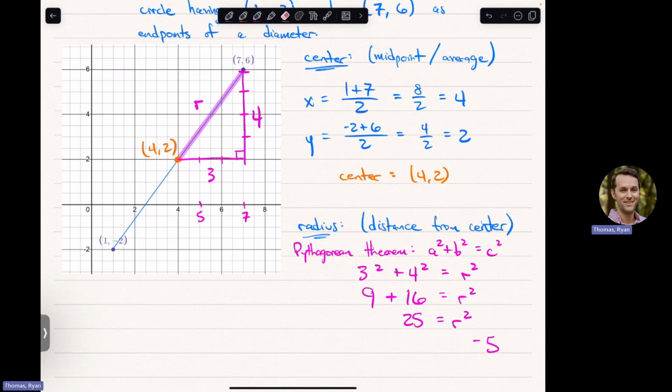Actually write radius is 5. Okay. I'm also going to make this s look like an s. There we go. Radius is 5. Okay, so the center is the point (4, 2). The radius is 5. The equation of the circle in standard form looks like this then.